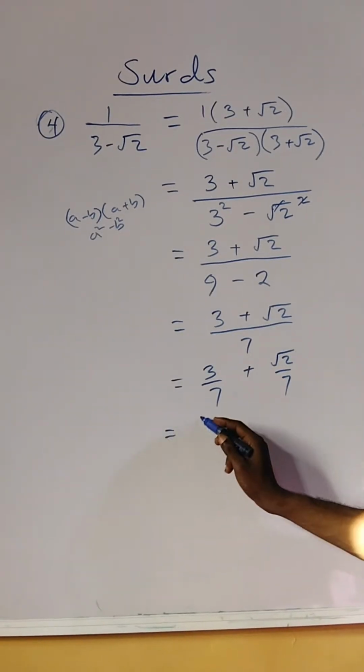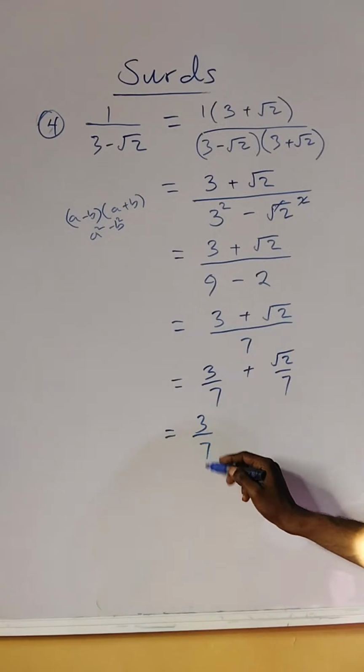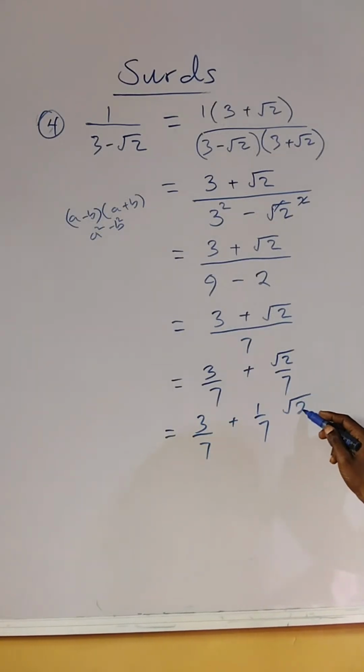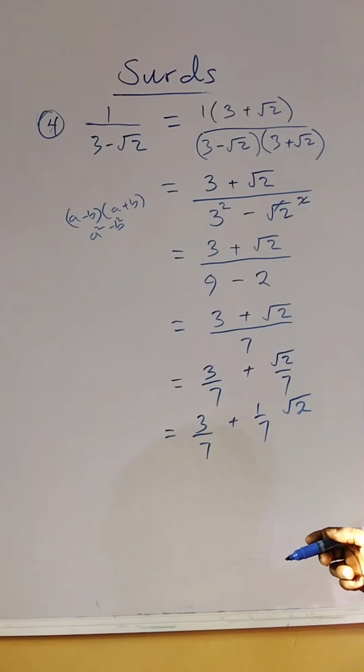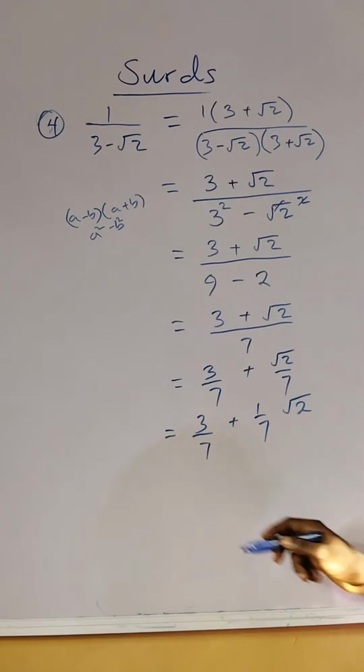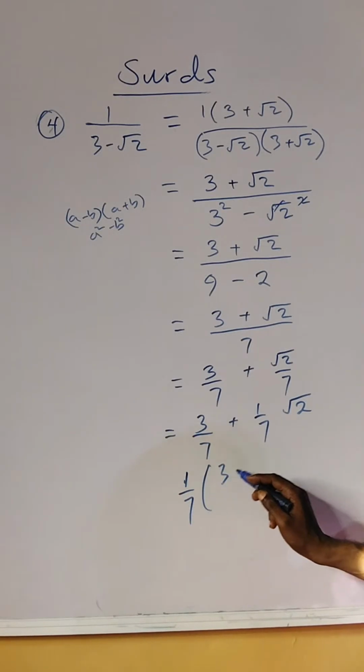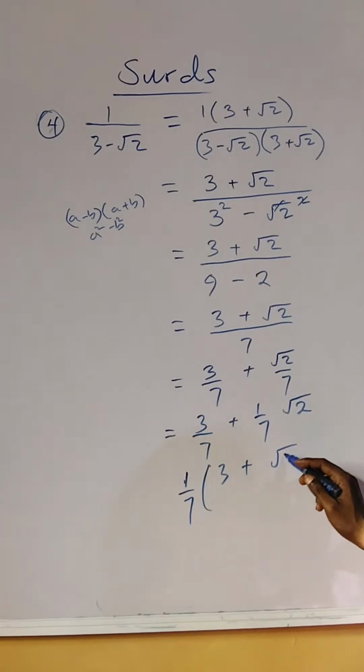Or we have 3 over 7 plus 1 over 7 root 2. Or we can bring out 1 over 7 and say this is 1 over 7 into bracket 3 plus root 2.